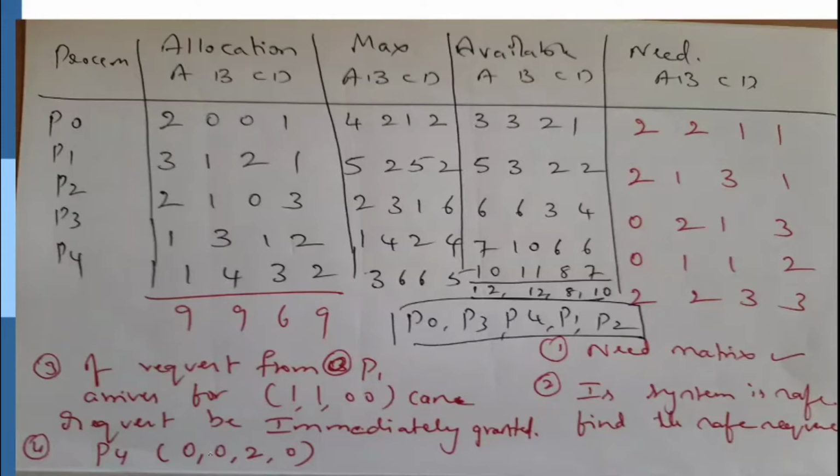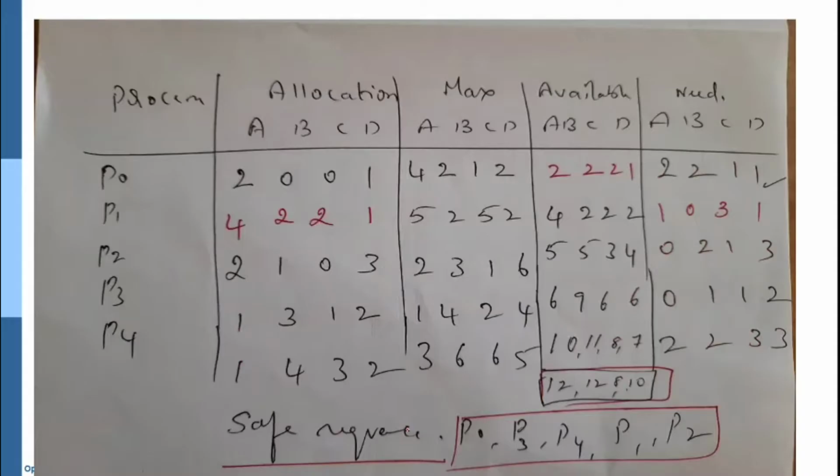P4 is also requesting 0 0 2 0. Whether it is granted or not, we will check in the next slide. So P1 requested 1 1, so instead of 3 it is requesting 3 plus 1, and 1 plus 1, and the remaining 2 and 1. So is it satisfied or not?